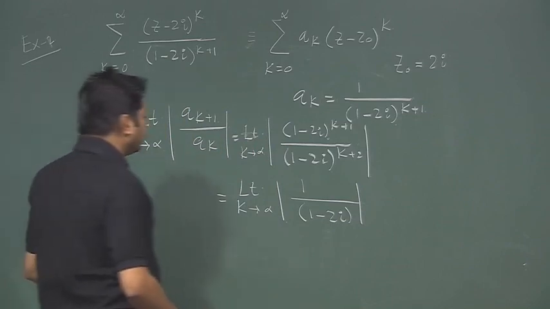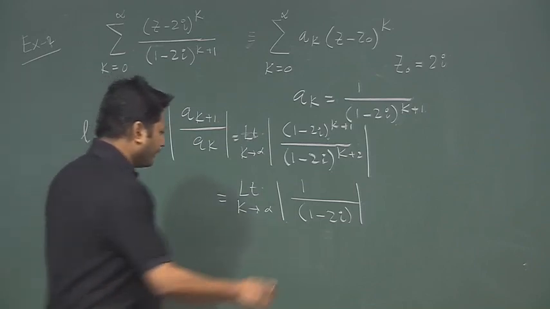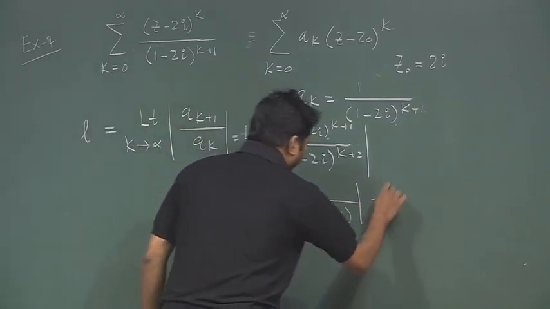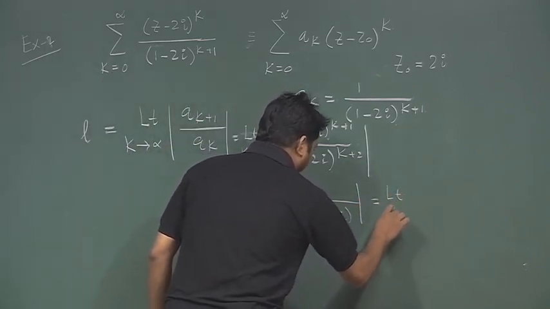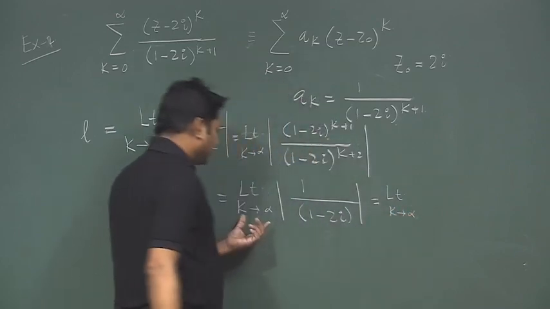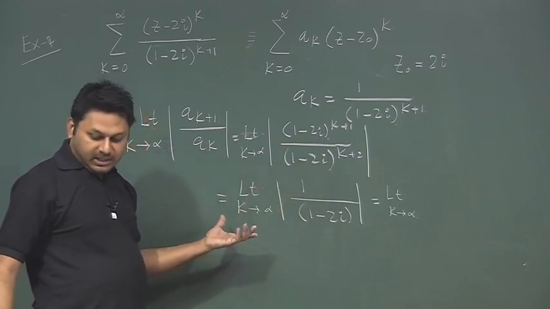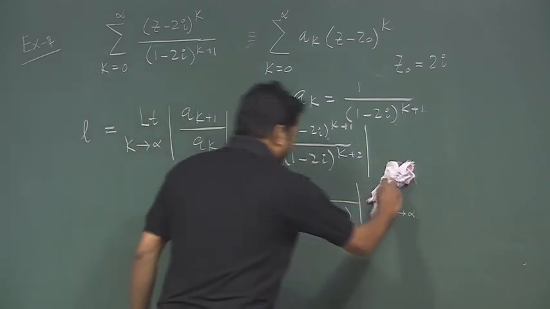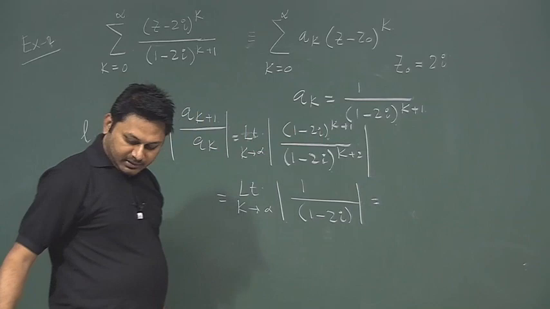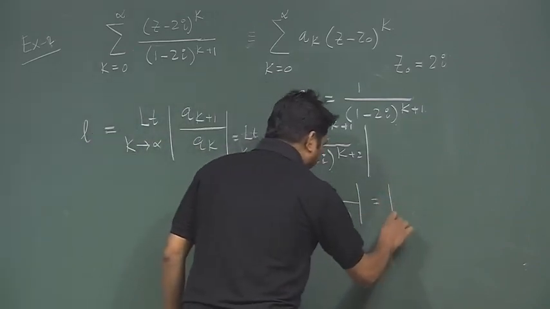So, the next part is to make it a plus ib form. The limit k tends to infinity is meaningless here, because the k is already gone. So, let me erase this and then find out what is the mod of these things.